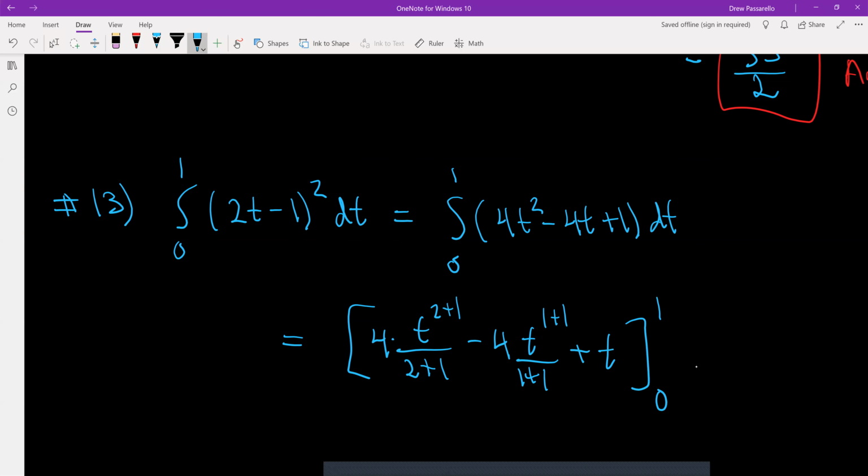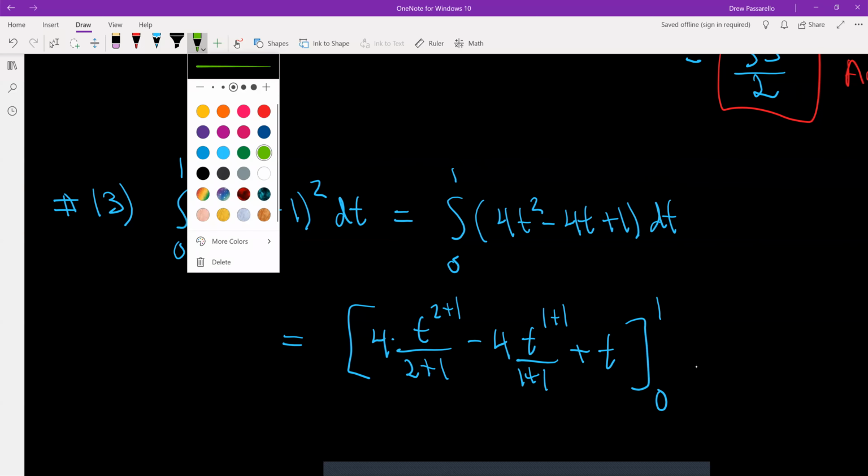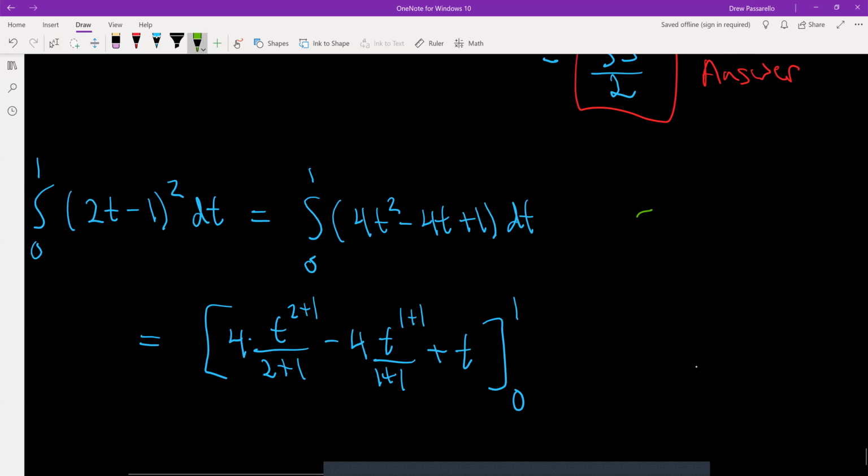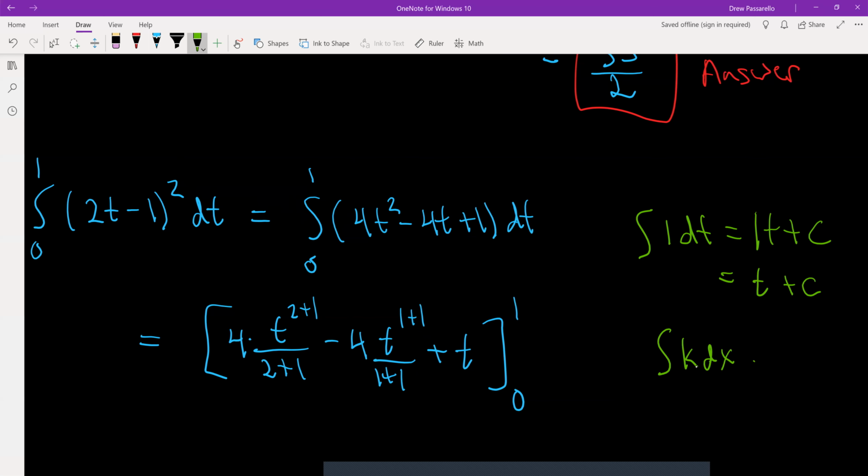Integrating 1 dt is technically 1 times t, but I just write it as just t, because that comes from integrating just any constant, k dx becomes kx plus c.